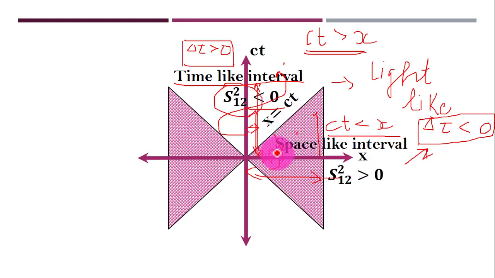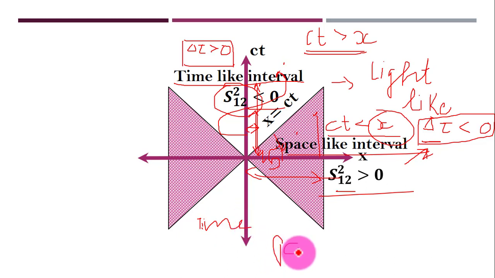And in the space-like interval, because ct is less than x, the x term will be greater, so s12 square will come out to be positive, greater than 0, but delta tau will come out to be imaginary in this interval, and that is known as the space-like interval. So no real event is going to occur in the space-like interval. Also, this region is a time-like region too, but it denotes the past events, and this region denotes the future events.